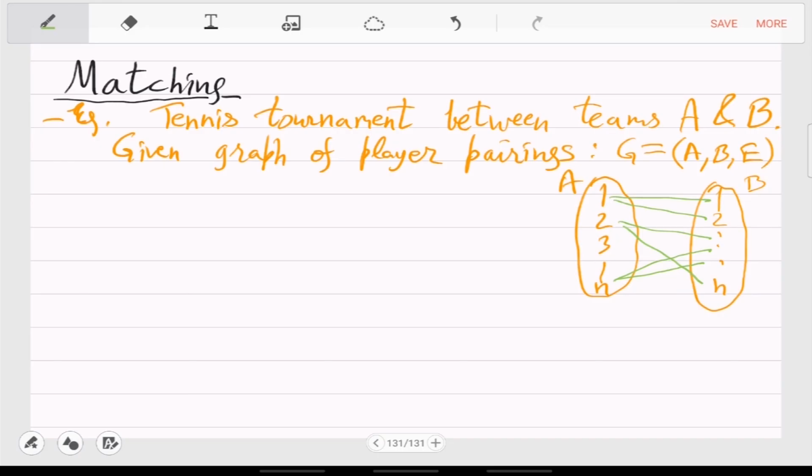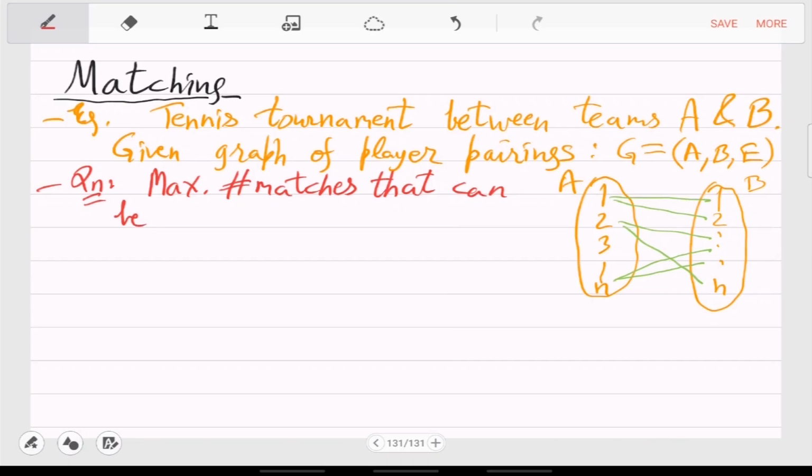So what you want to find out, I mean, you want to schedule these matches, right? So you want to find out how many games can you schedule that can be played simultaneously. Okay, that's the question. So what is the maximum number of matches that can be held?